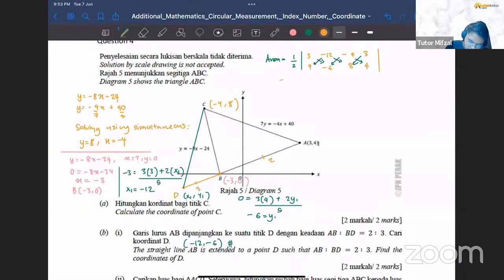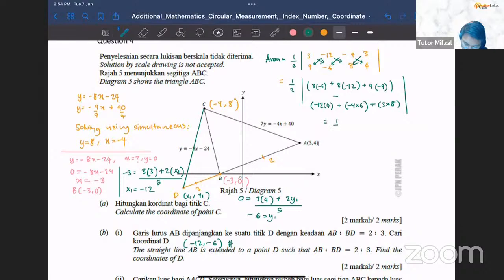Okay. So it is equivalent to 1/2 bracket 3 times -6 plus 8 times -12 plus 4 times -4 close bracket, minus -12 times 4 plus -4 times -6 plus 3 times 8. Close your bracket, close your modulus sign.